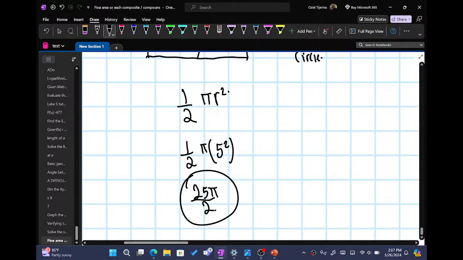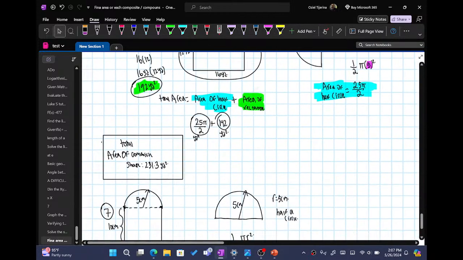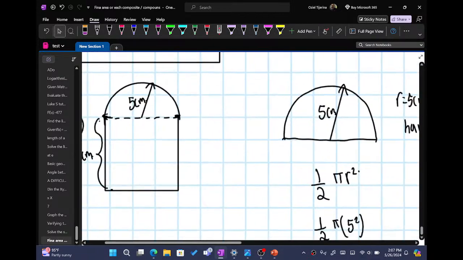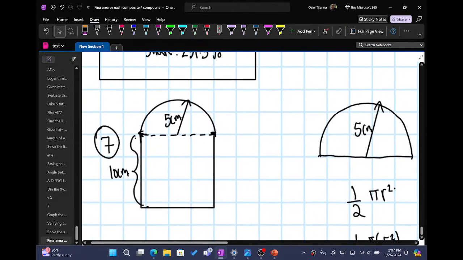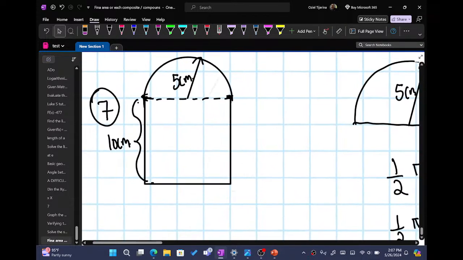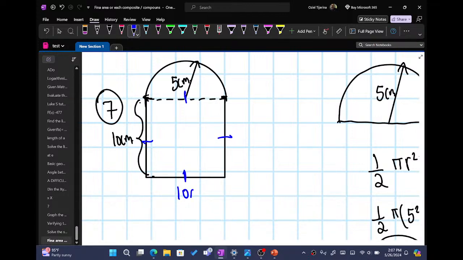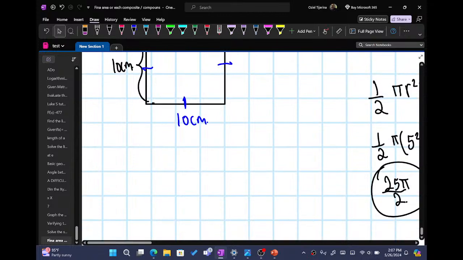It's kind of like the last example, except this time we still get the same area for half the circle, but we're dealing with a square, so we know that all of these sides will be congruent, right? So this side will be congruent to this side. What did I always say about the square?